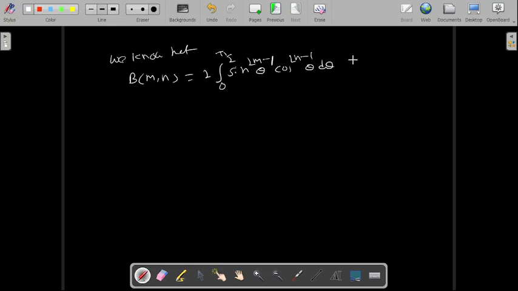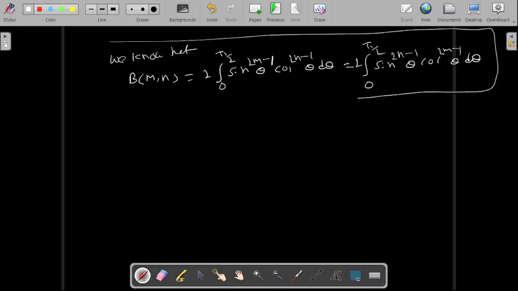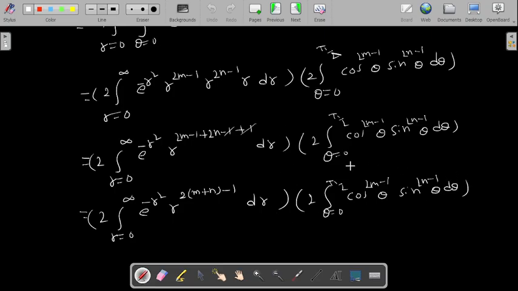This is a beta function. Beta is symmetric, m plus n and n plus m it is the same. That means if you write 2 into integral 0 to pi by 2 with n in place of m, sin power 2n minus 1 theta cos power 2m minus 1 theta d theta, this is also beta of m comma n only. Why? Because beta is symmetric; whether m is in the place of n or n in the place of m, it is beta of m comma n only.